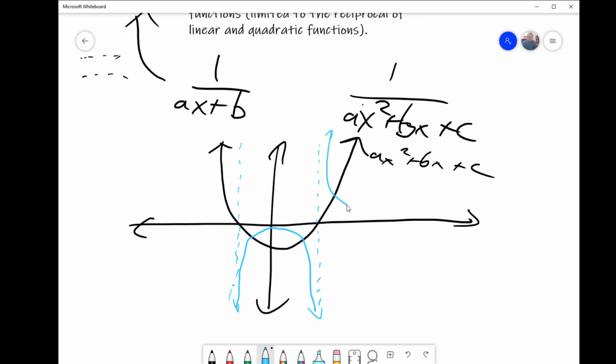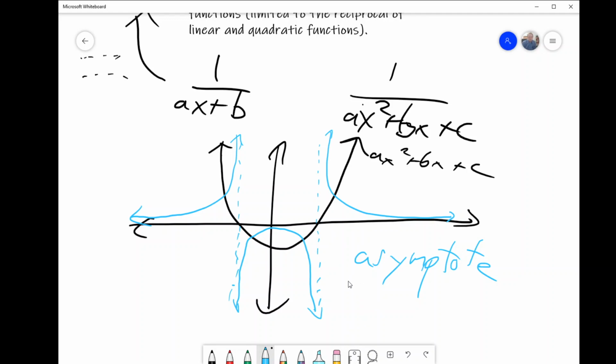On the other side, we are going to have more so-called asymptotic behavior as we come here. So an asymptote is a line that your function will never cross, but it can get very, very close.